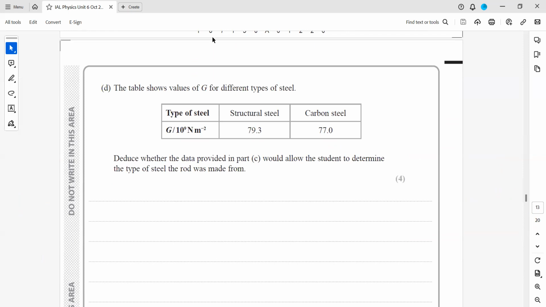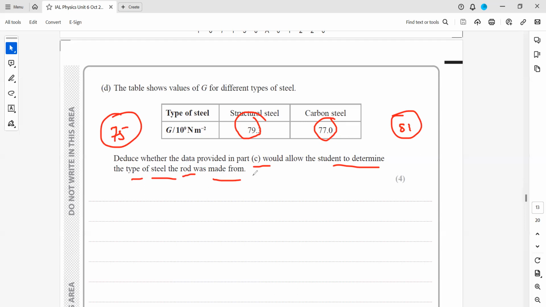For example, once we work out the upper limit, say it comes out as 81, the maximum value. It will be difficult to say which steel this is, because it can be carbon steel, it can be structural steel as well. And say the lower limit is 75. The question is to deduce whether the data provided in part C would allow the student to determine which type of steel the rod was made from.